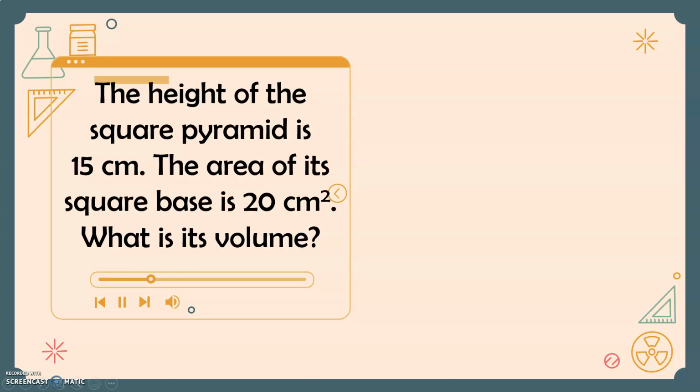For our last example, the height of the square pyramid is 15 centimeters. The area of its square base is 20 square centimeters. What is its volume? Since we have here a square pyramid, we will use the formula s squared times height divided by 3. But as you can see in our given, we already have the area of its square base.